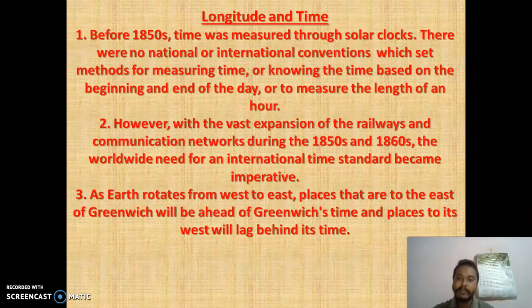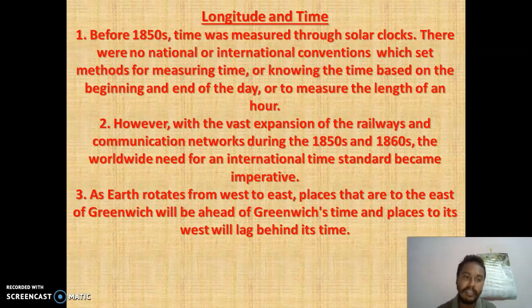When our night comes, they get sunrise, so they get the sunrise after us. The eastern hemisphere gets the first sunrise, then the western hemisphere. Understood?